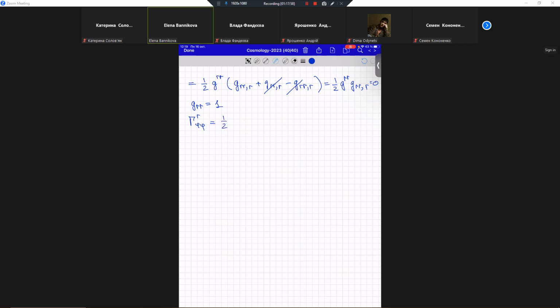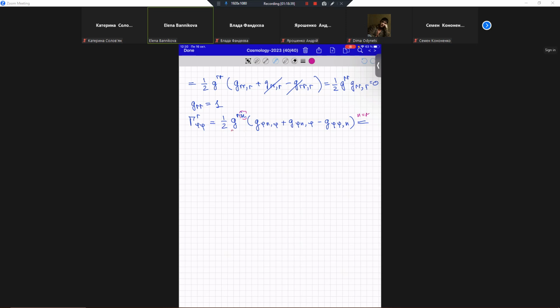So I can write this is 1.5 G^r-n, it will be G_n-phi plus G_phi-n-phi minus G_phi-n. So only one sum survives, when n equals r, because if n equals phi, this will be 0.